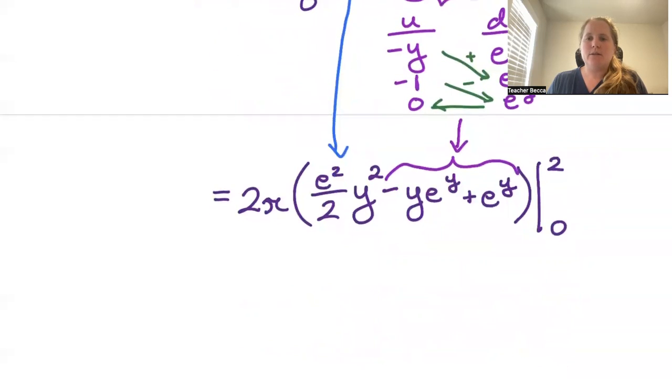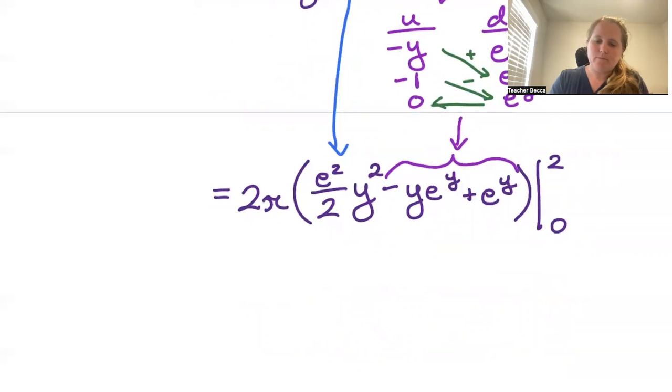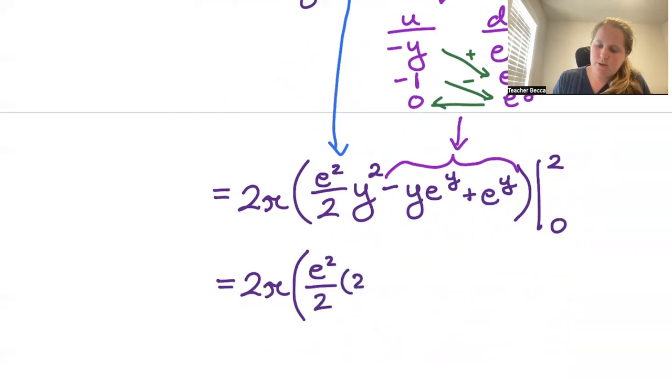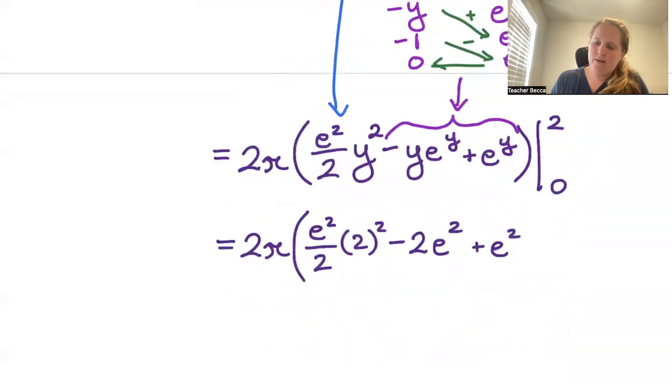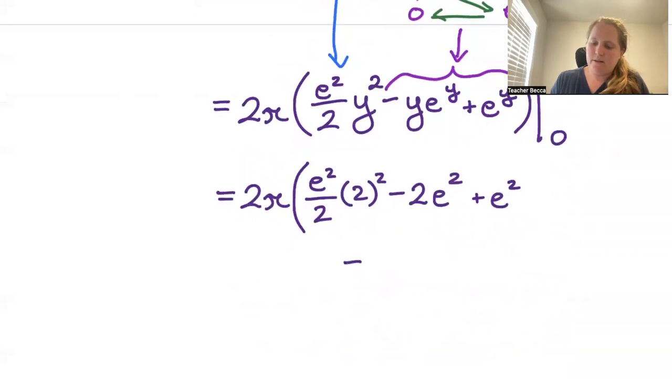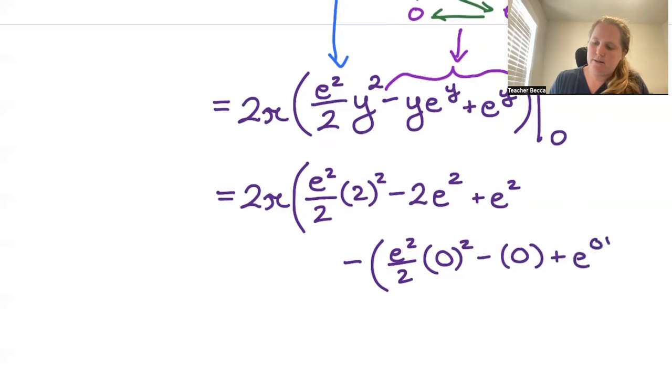We're evaluating at 0 and 2. So we are looking at 2 pi times e squared over 2 times 2 squared, minus 2 times e squared, plus e squared. From that we are subtracting off e squared over 2 times 0 squared, minus 0, plus e to the 0th.